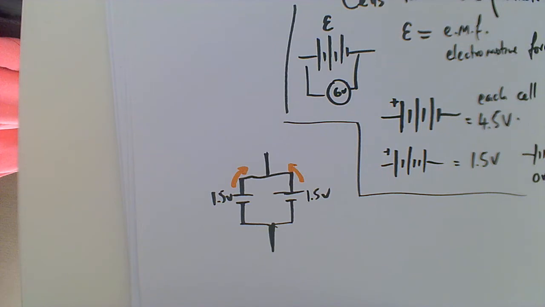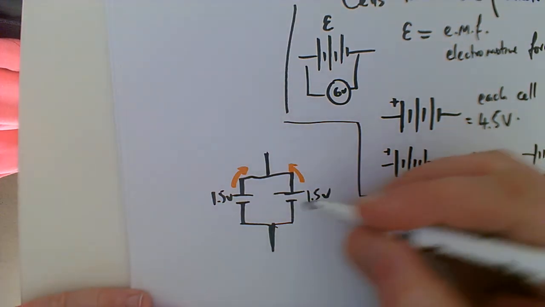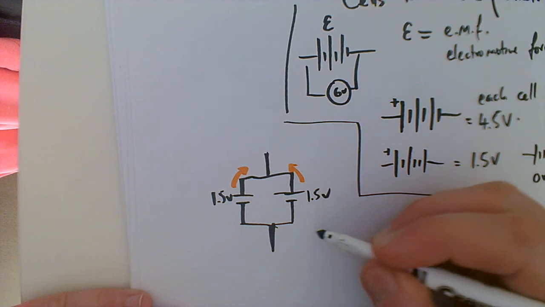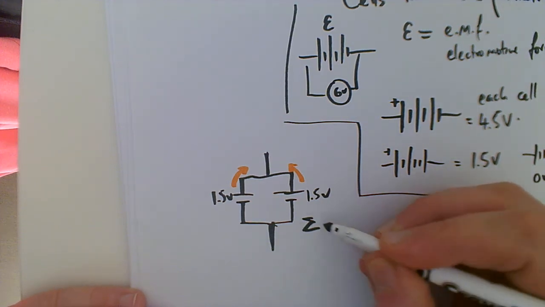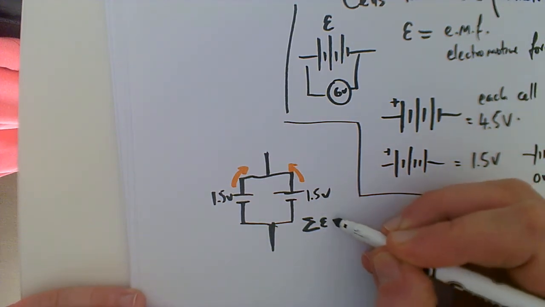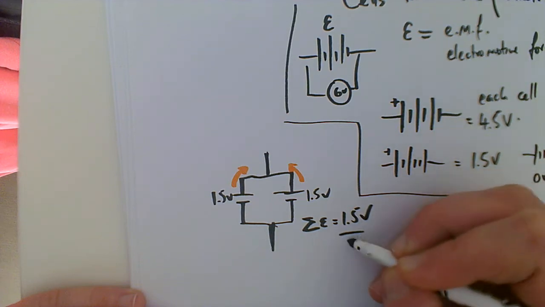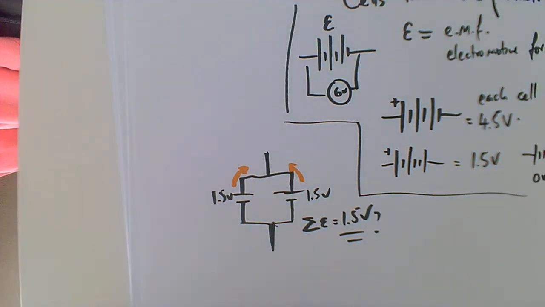So you're reasonably thinking that it would be 3 volts, like if it was in series, but it's not. Because they're in parallel, we treat them as two different circuits. So actually, the total EMF here would be 1.5 volts.